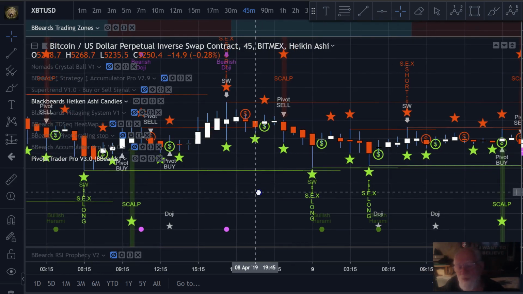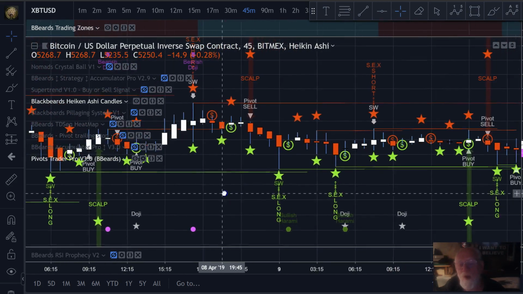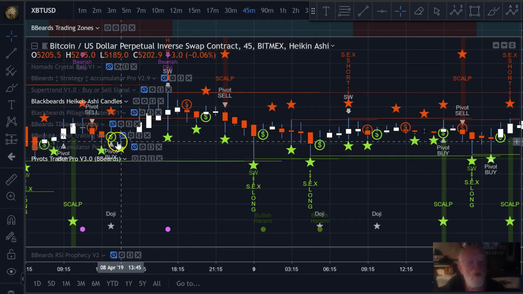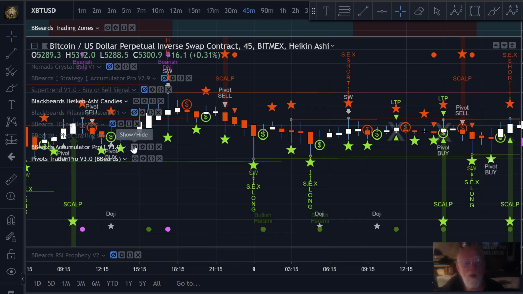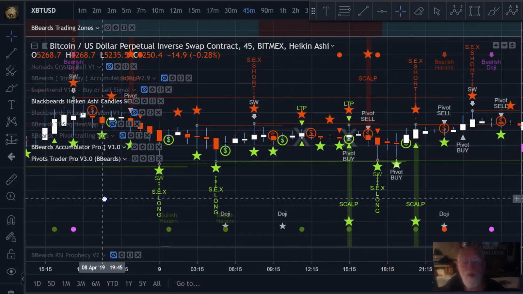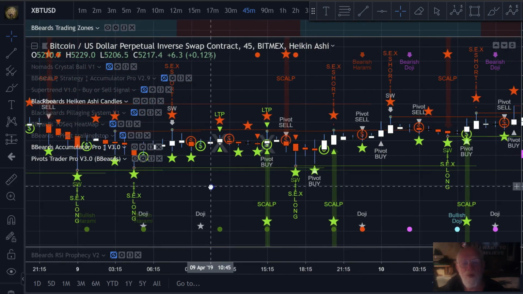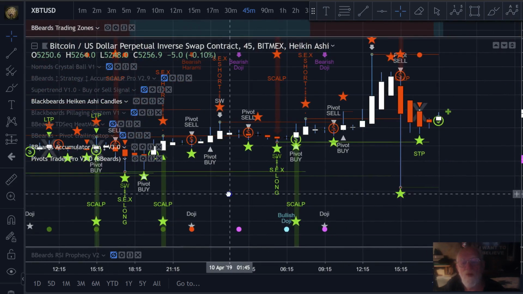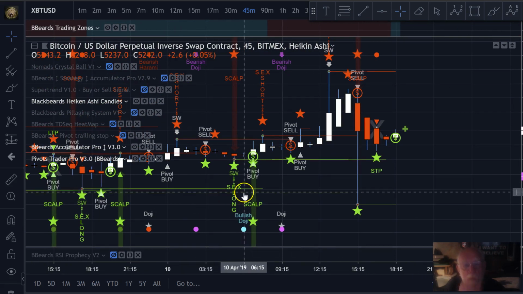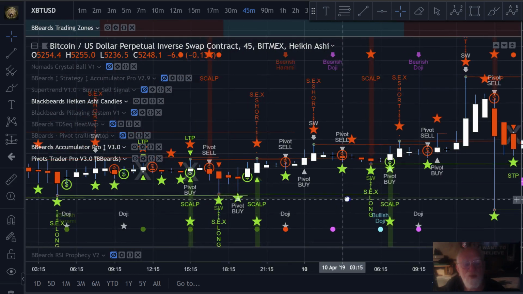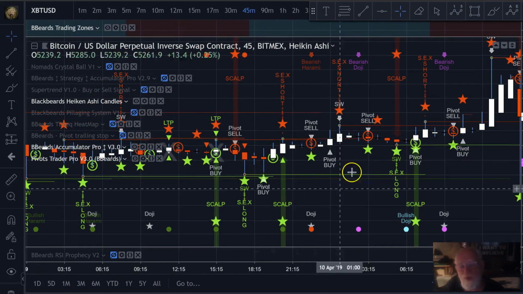The only thing I'm using Accumulator Pro for would be the take profit and stop loss. That's the only thing I'm using it for. Just for the stop loss, take profits. That's all it's there for. Everything else is coming out of this script.